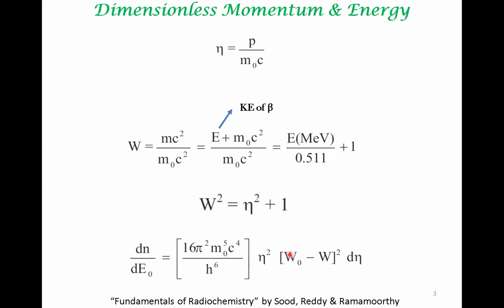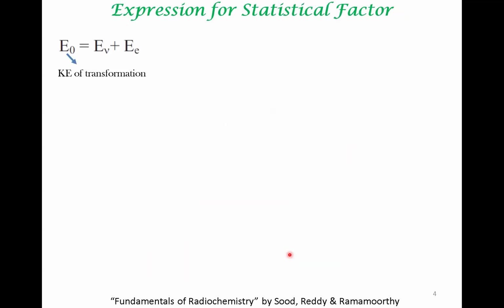So here, our objective is to just give a broad overview of some of the physics that goes into this derivation. A thorough job is beyond the scope of this course, but hopefully you will get a feel for how this model is built. So this is the energy that is released due to transformation.